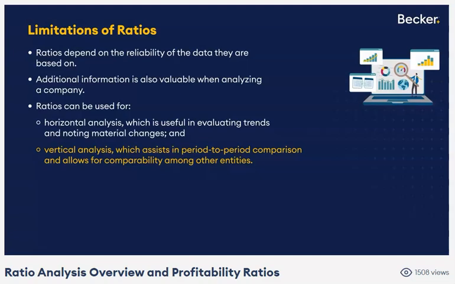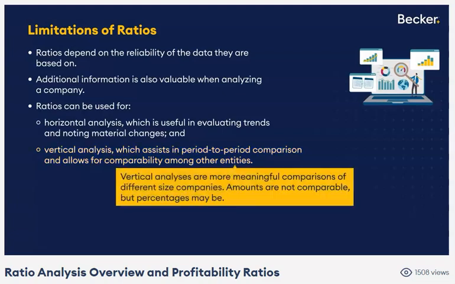But you take every number on the financial statement, you divide it by either on the balance sheet, total assets, also known as total capital, or on the income statement, total sales, okay? Then you could look at those margins, you could look at the compositions and see what the change is over time, and you could also do a comparison of the company's ratio to maybe other entities, the industry average.